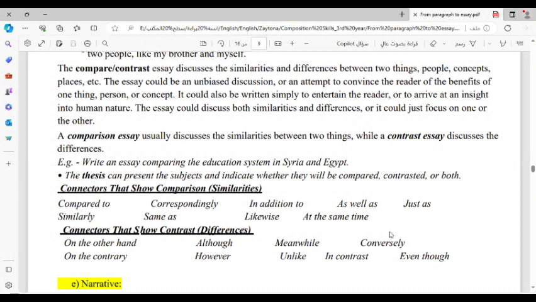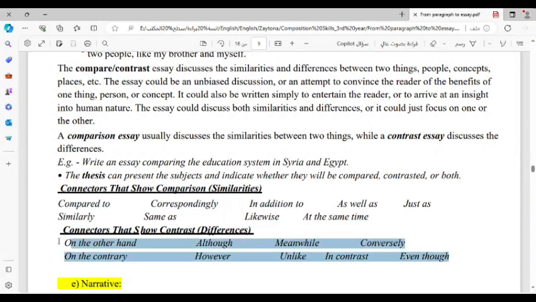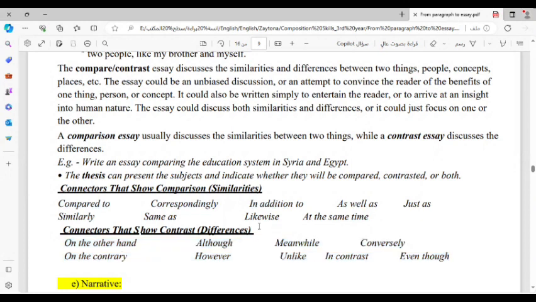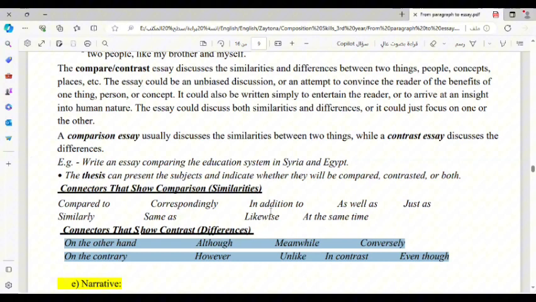Here you will see some connectors or linking words that show comparison, similarities. You can use those words or phrases in your compare essay or comparison essay. And here we have some words or phrases that can be helpful in a contrast essay, because those words show the differences between two things or two places.